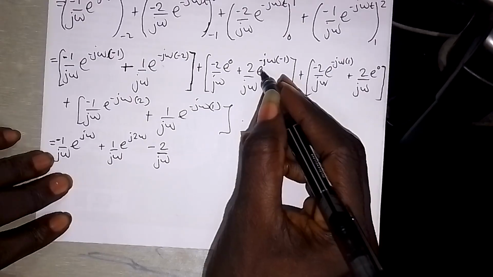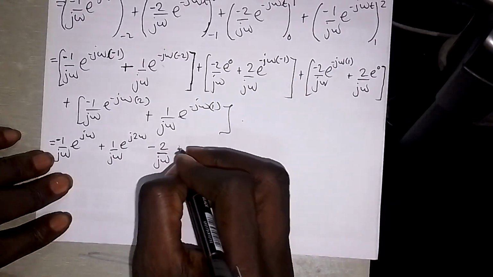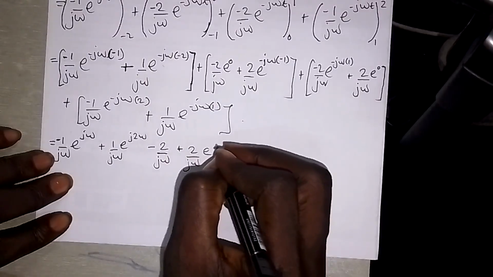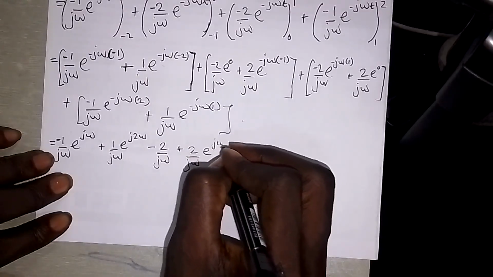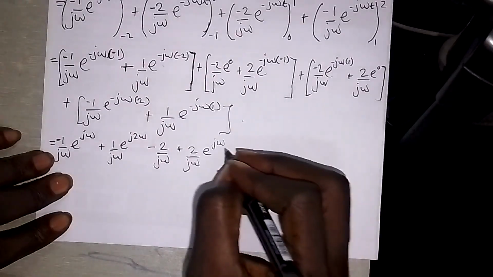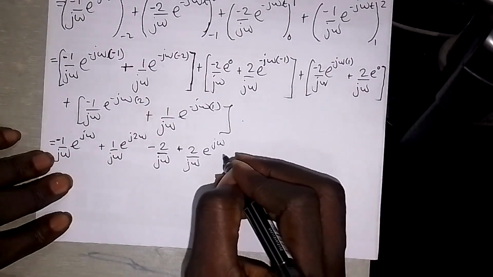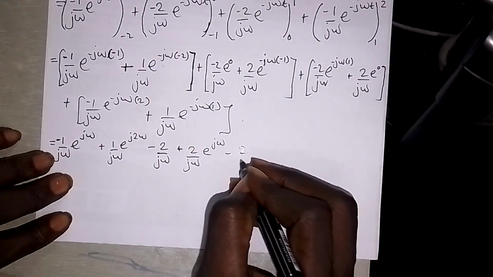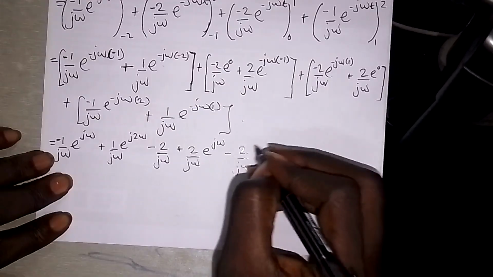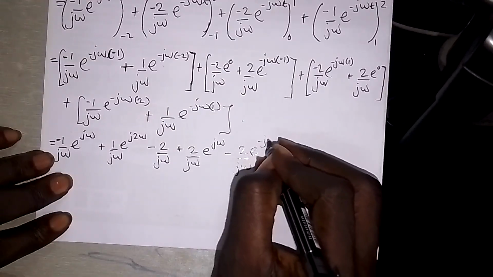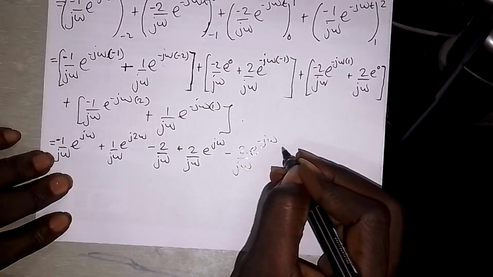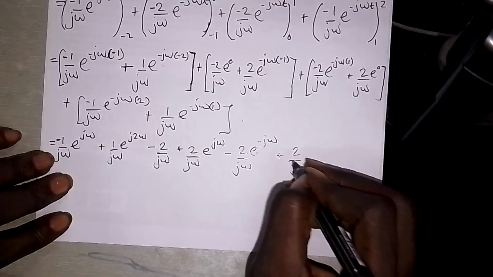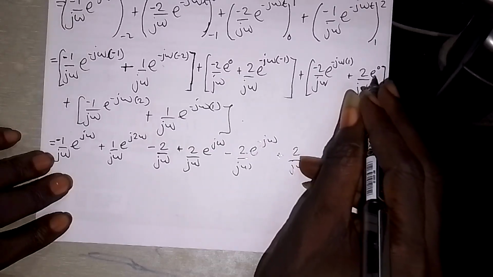What is the next one going to give me? It will give me plus 2 over j omega into e exponent j omega. Then the next one will give me minus 2 over j omega into e exponent minus j omega. Then this one will give me 2 over j omega, because e exponent 0 is 1.